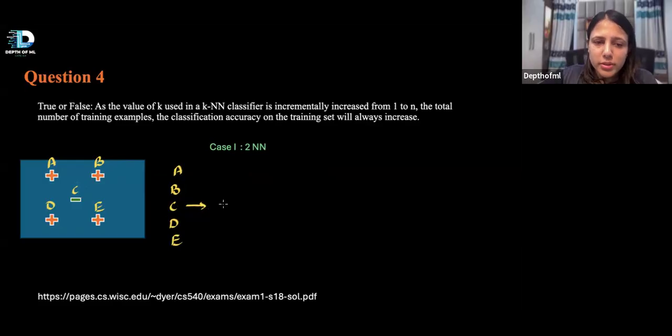So the two nearest neighbors will be C, and you can take any of these neighbors because it's equidistant from all of them, correct? So we'll have, say, C or A, and then we'll break ties randomly.